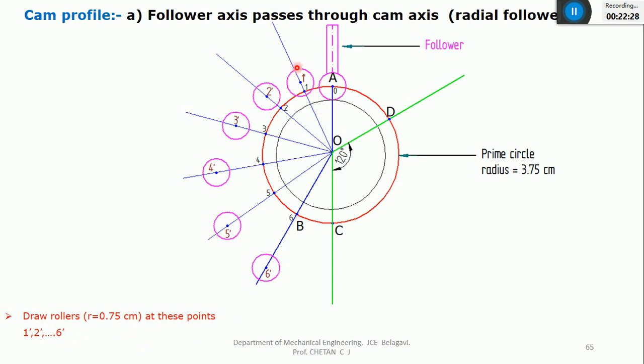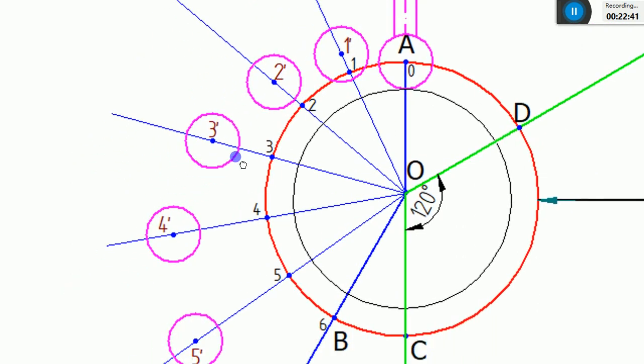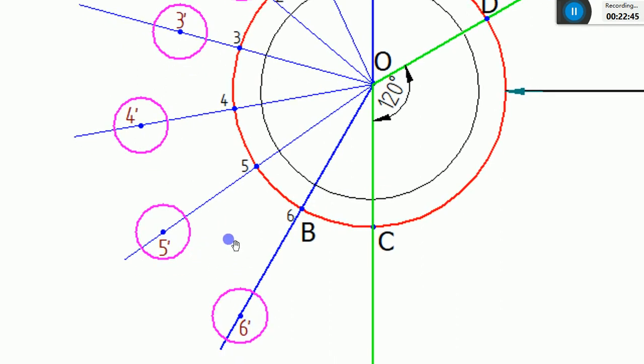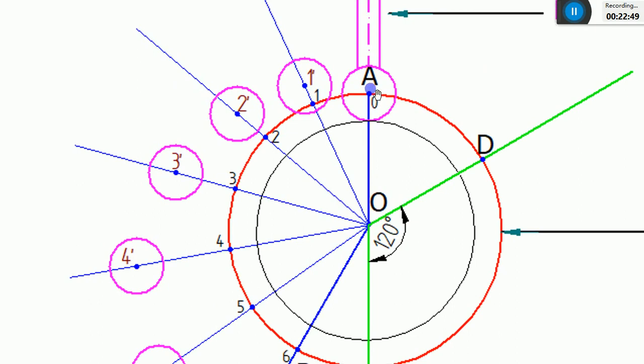Just take the center as 1 dash and draw one circle with a radius of 0.75. Take the center as 2 dash and draw one more circle. Similarly, 3 dash, 4 dash, 5 dash, and 6 dash. This is the only change, because the reference is with respect to the center of this roller, not the end of this roller. That is the only difference with respect to the knife edge follower.